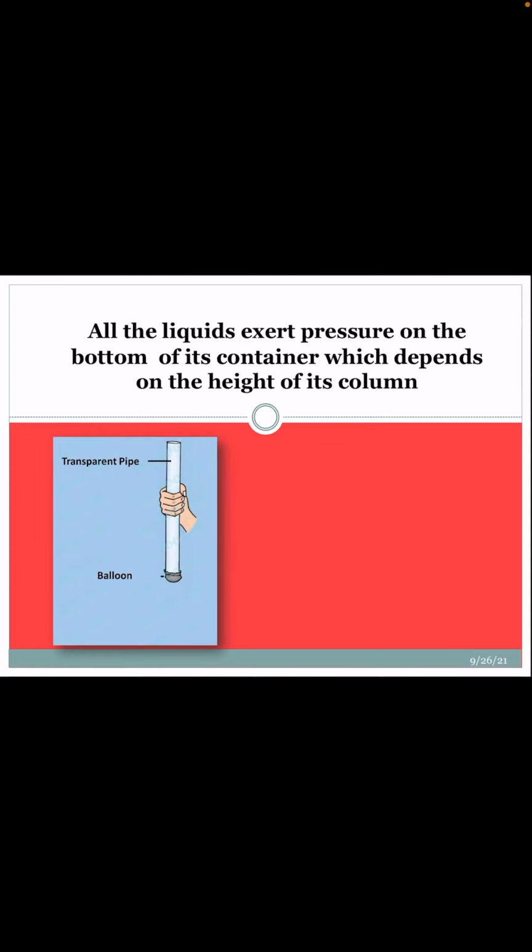Take a transparent pipe and a rubber balloon. Stretch the balloon tightly over one end of the pipe. Hold the pipe in a vertical position and pour some water into it. Does the balloon bulge out?